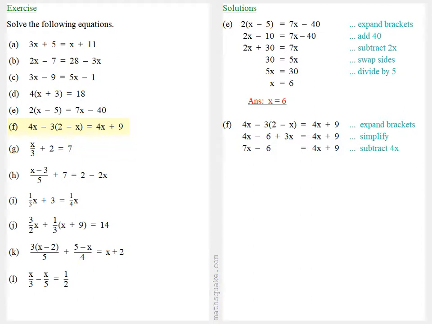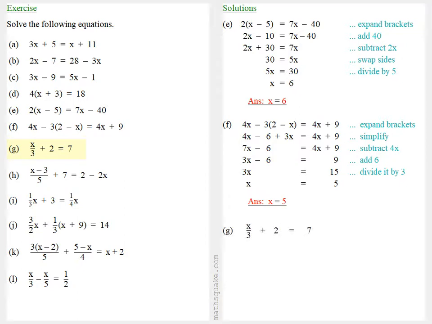Now if we subtract 4x from both sides, that gives us 3x minus 6 equals 9. It eliminates the 4x on the right-hand side. And if we add 6 to both sides, we end up with 3x equals 15. So if we divide by 3, we get x equals 5, and that's our solution. x equals 5.